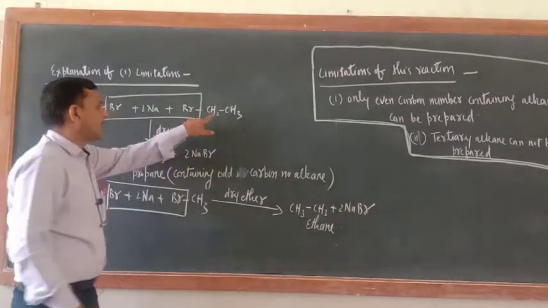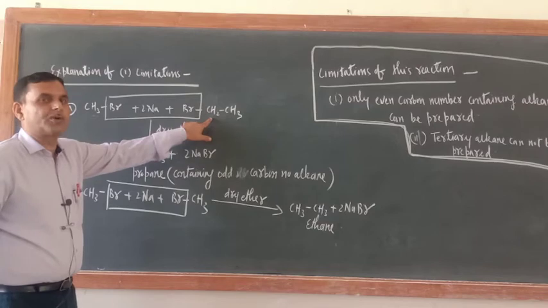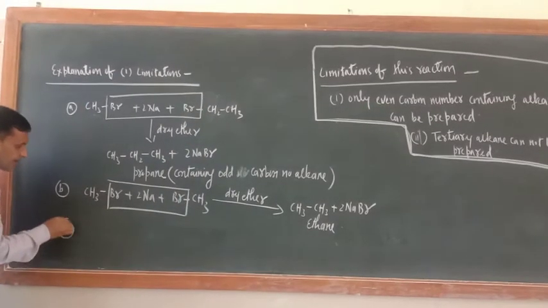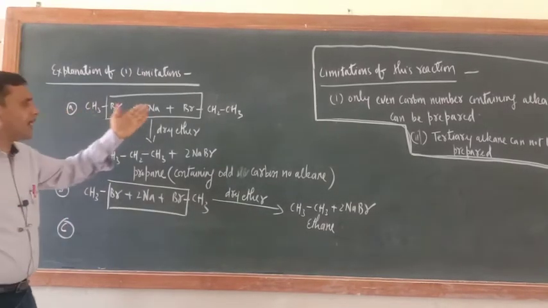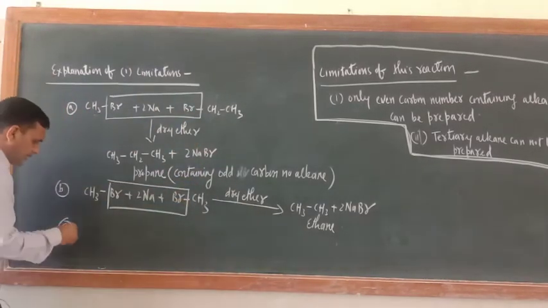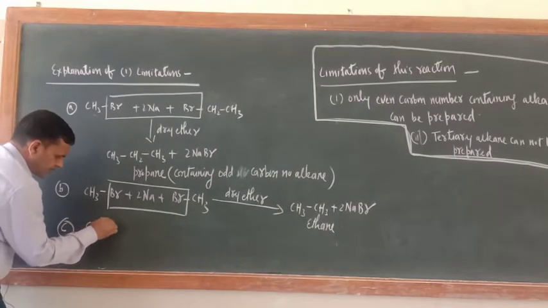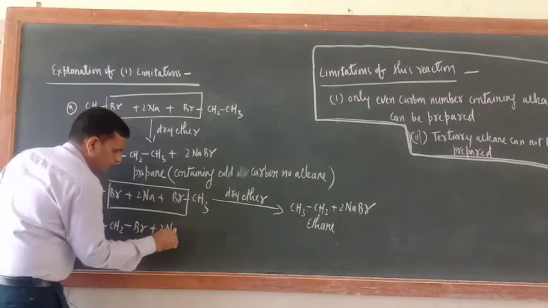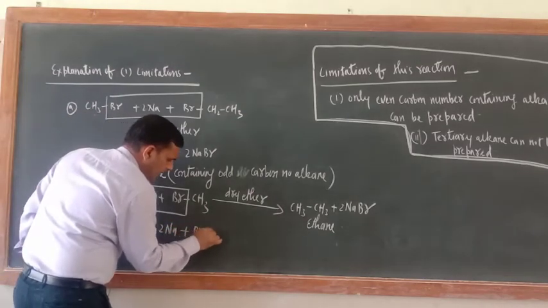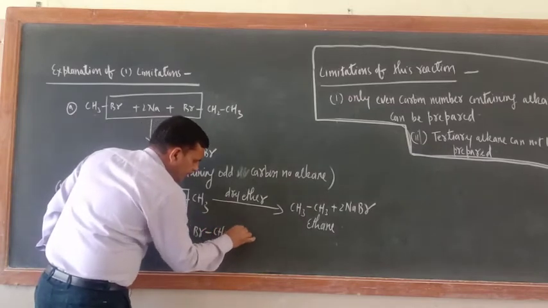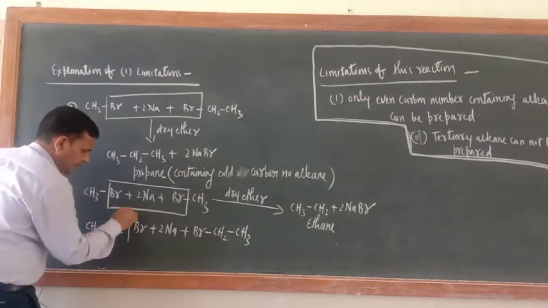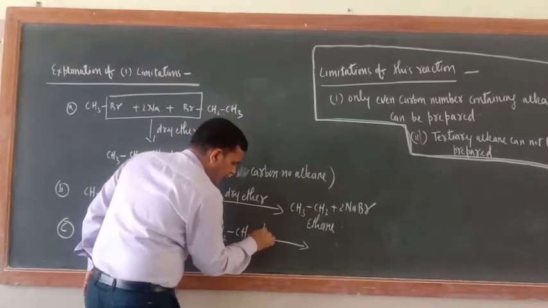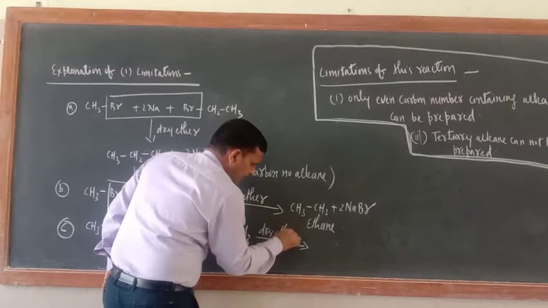Similarly, this ethyl bromide will also react with other molecules of ethyl bromide. Because in the mixture so many molecules of methyl bromide and so many molecules of ethyl bromide would be there. So CH3 CH2 Br plus 2Na plus Br CH2 CH3, with dry ether, gives 2NaBr.